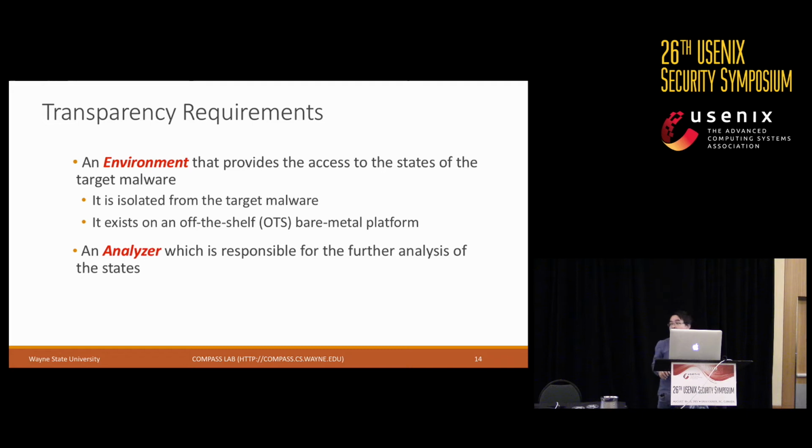In contrast, if the environment already exists on the OTS platform, then the malware cannot use the existence of this platform as proof of the existence of the malware analysis system. In other words, an environment that exists on the OTS platform is naturally transparent.